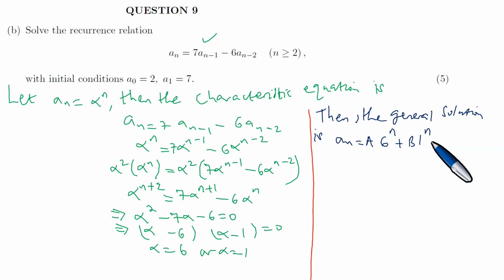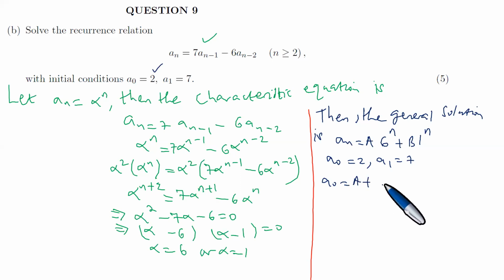What is a_0? It's 2. The initial conditions will help us find A and B. Let's find a_0 by making n 0 in this.